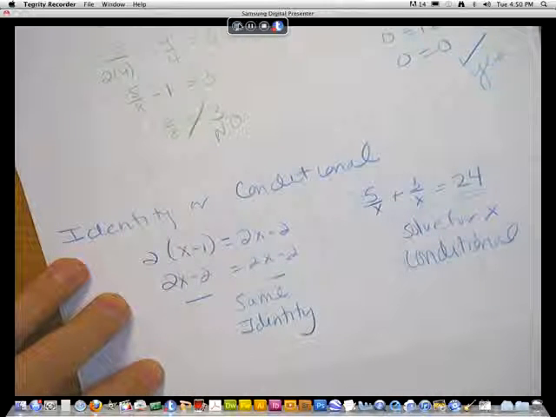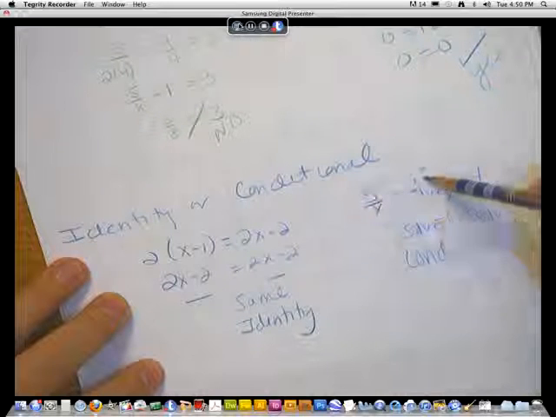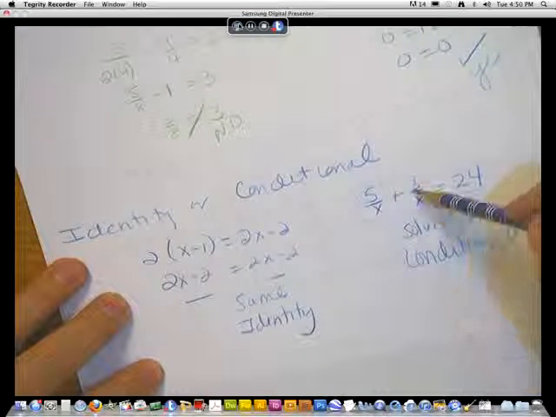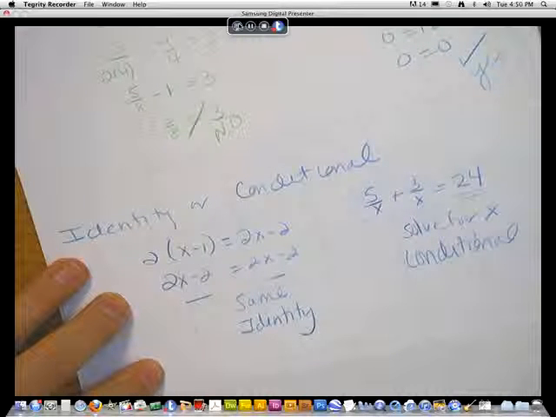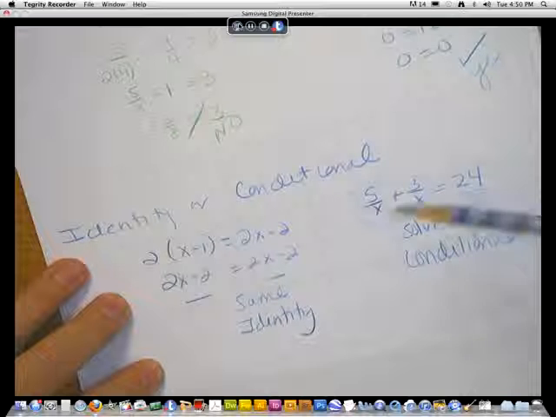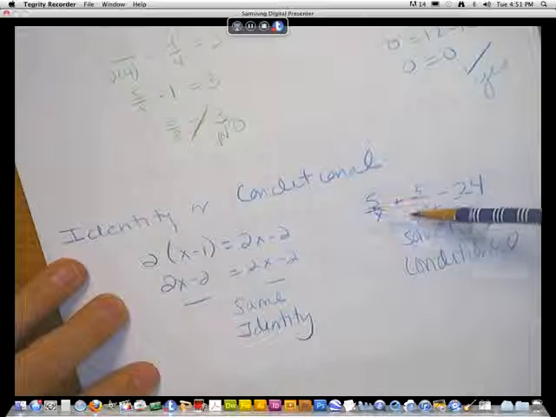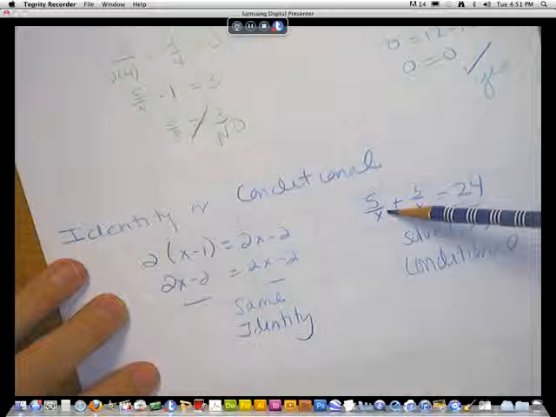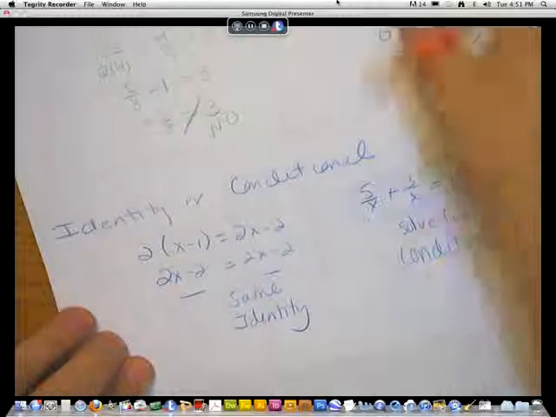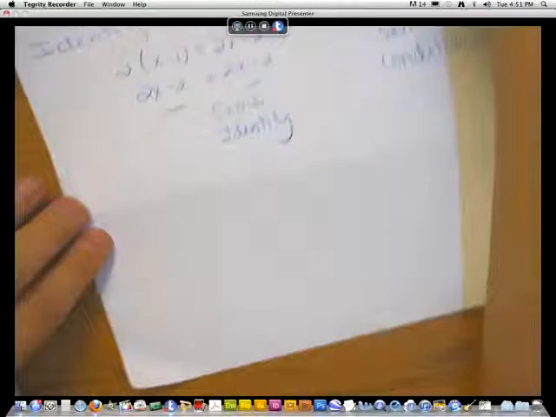You are finding a value of something. In order for this to become 24, it's on the condition that x is going to be a certain value. Once we know what that certain value of x is, then we can make one side equal the other side. But until we know that conditional value, we can't do that. So it is a conditional sentence or equation.